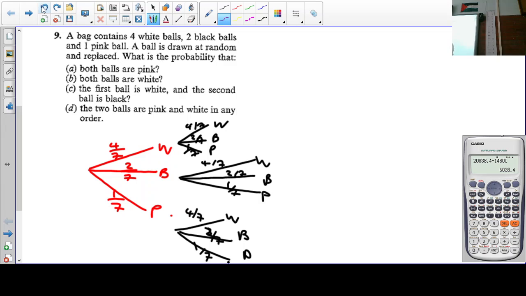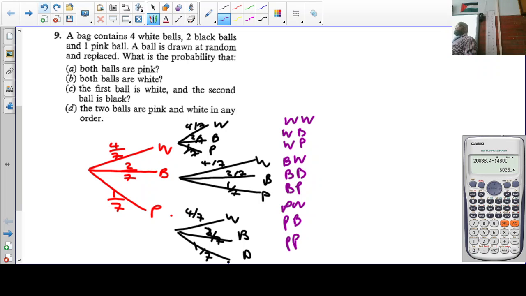They did not ask us to list it here, but if the question was to list your outcomes, it would be white-white, white-black, white-pink, black-white, black-black, black-pink, pink-white, pink-black, pink-pink.